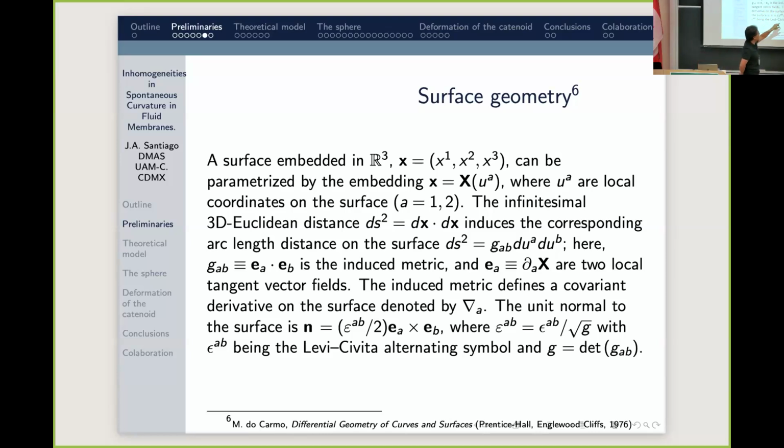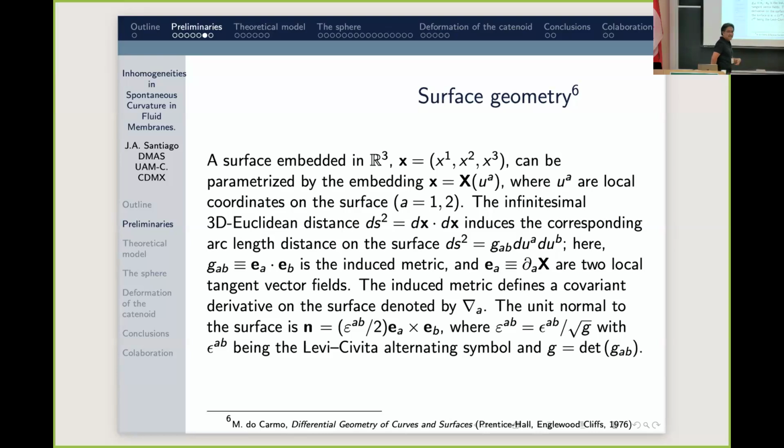This we call g_ab, where g_ab is the Euclidean scalar product between the tangential vectors defined in this way, right? Of course, with this metric, we can define a covariant derivative along the surface.